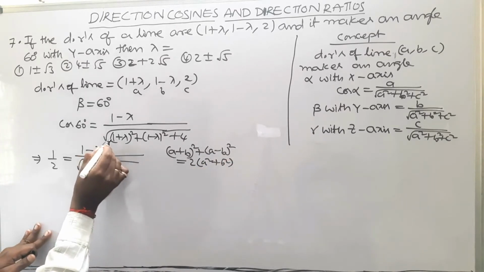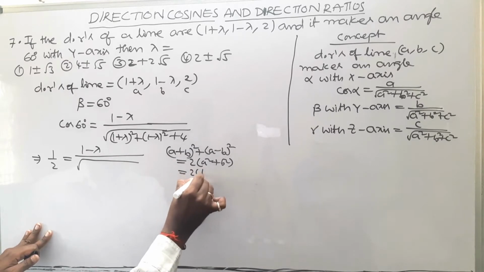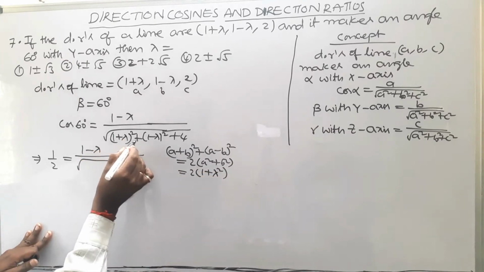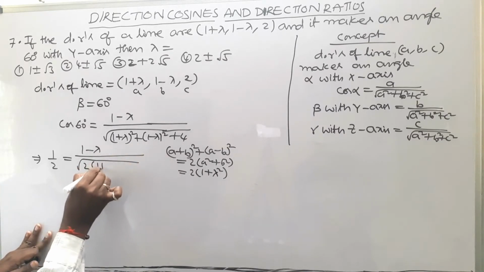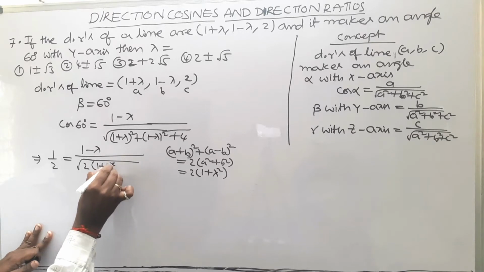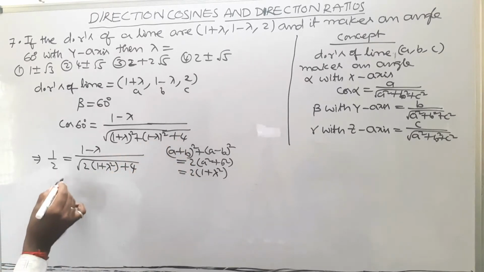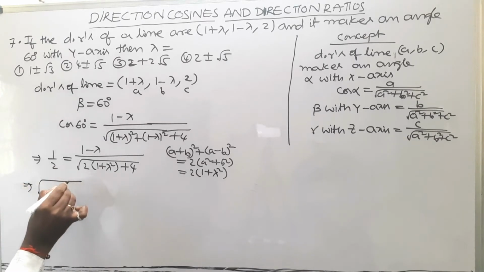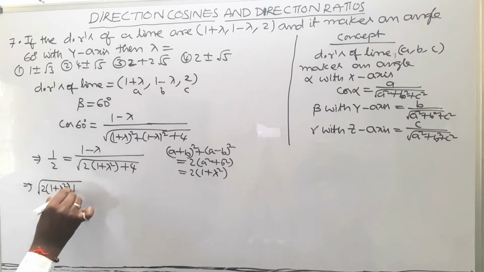Here a is 1 and b is lambda, so (1 plus lambda) whole square plus (1 minus lambda) whole square expands to 2 into (1 plus lambda square) plus 4. Now cross multiply.